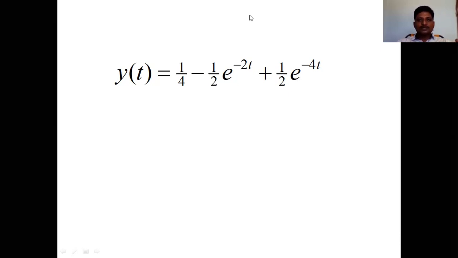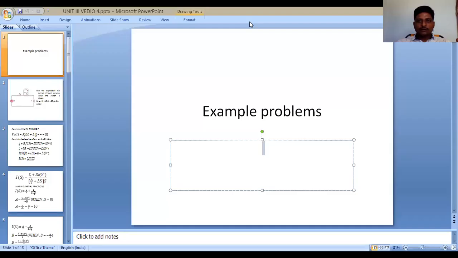This is the procedure for applying Laplace transform for a circuit or for a normal differential equation.